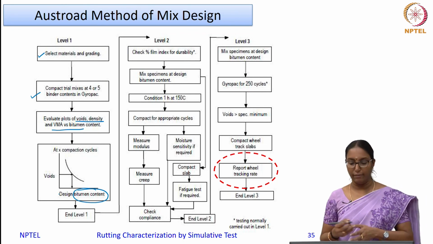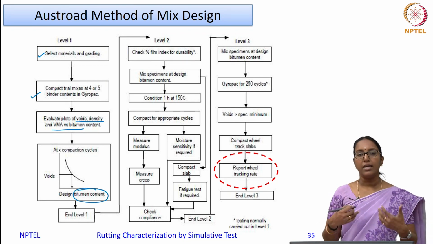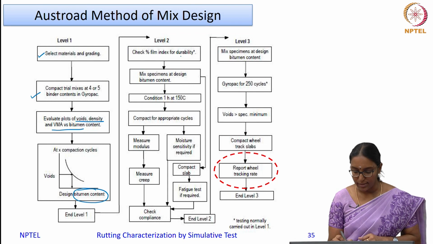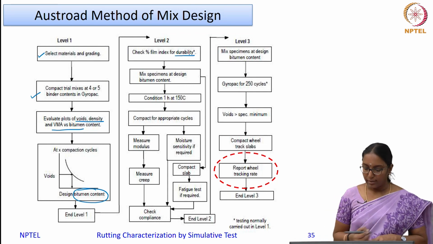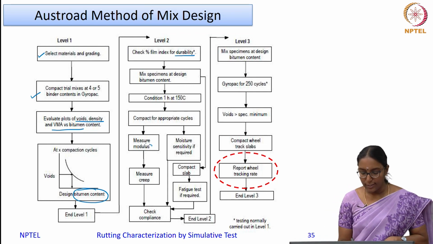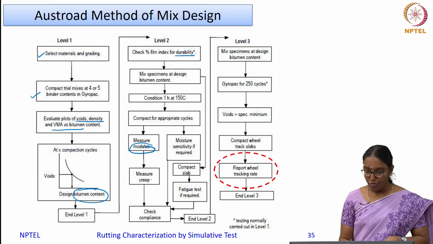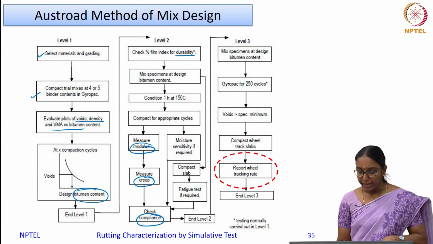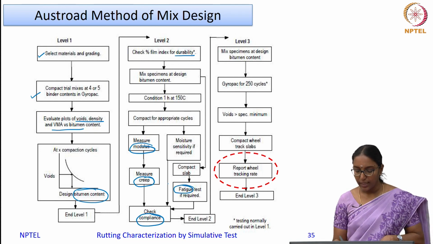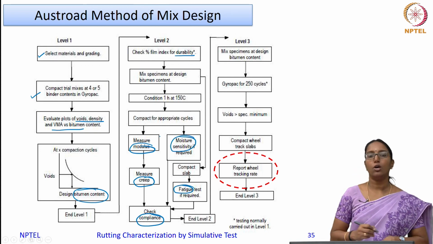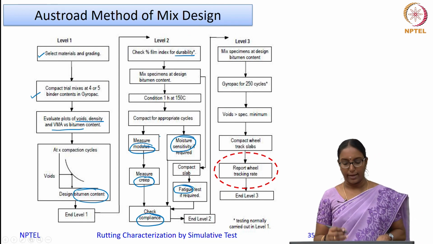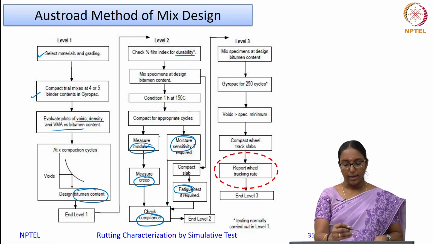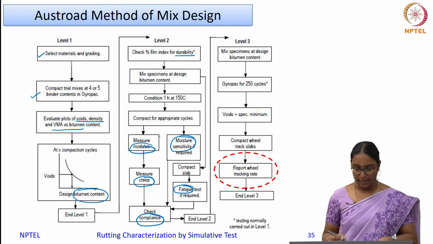Then you go to level 2, wherein various aspects of the mixture such as durability, the modulus of the material, creep and creep compliance, fatigue resistance, and moisture sensitivity are considered.